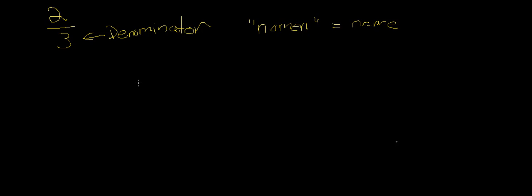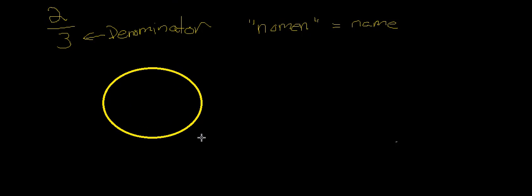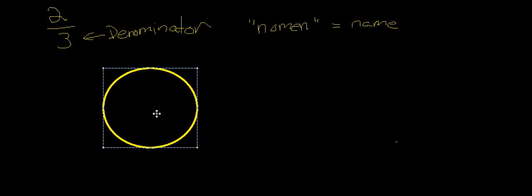So it could be a whole pizza, a whole movie, a whole TV show, a whole song, whole whatever. When you're telling us a denominator, you are breaking it up into equal parts. Now, if we have a circle like this, and this is my whole, I'm going to break it up into equal parts.